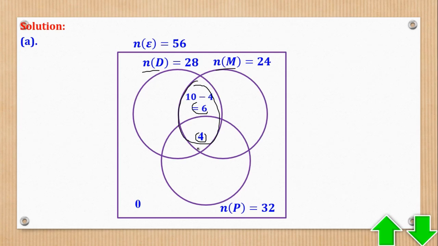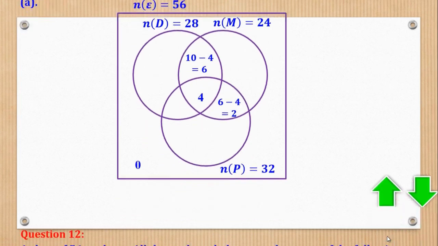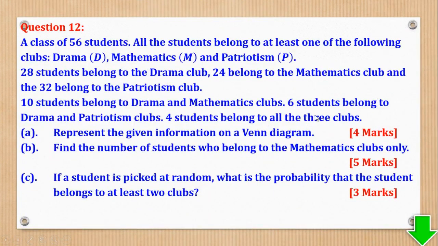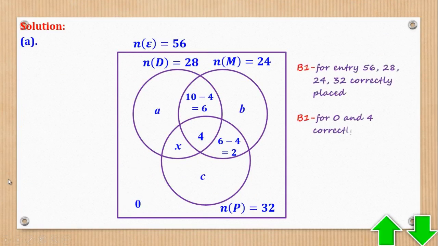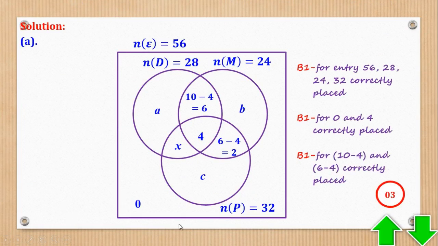Then also, when it came to math and patriotism, there were 6. But you already have 4 here, so the balance will be 2. So that is the information given. Next we shall put unknowns. So unknown there throughout. And that's how the 3 marks would come about for that Venn diagram.